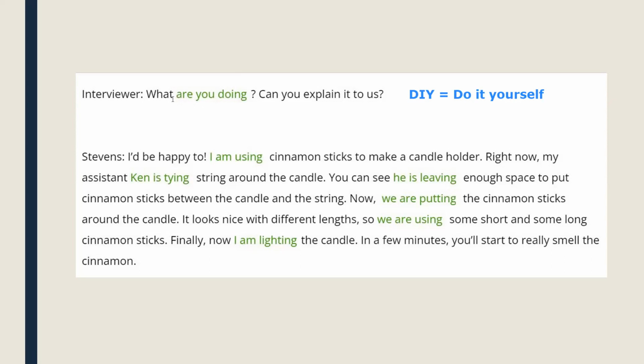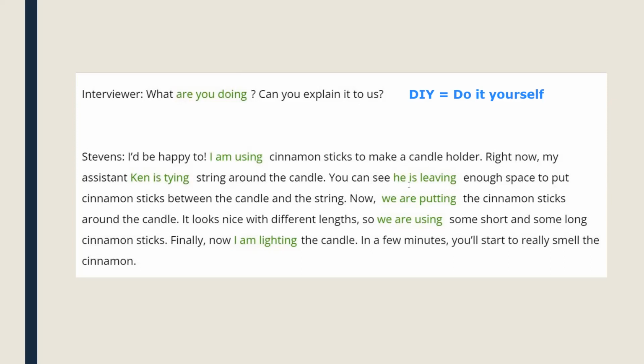So here, one person is asking two other people doing something, what they are doing. So they say, what are you doing? Can you explain it to us? And then he says, I'd be happy to. I am using cinnamon sticks to make a candle holder. Right now, my assistant Ken is tying string around the candle.